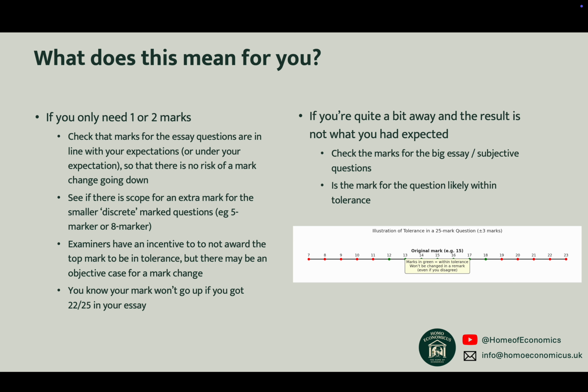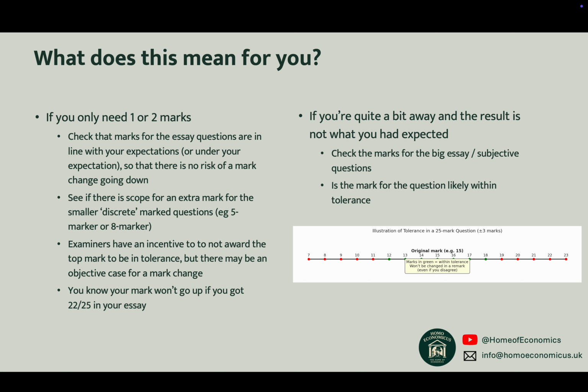So the calculation questions, for example, the diagram questions, because examiners have an incentive to not award the top mark just to be in tolerance, but if there is an objective case for a mark change, they will do it.